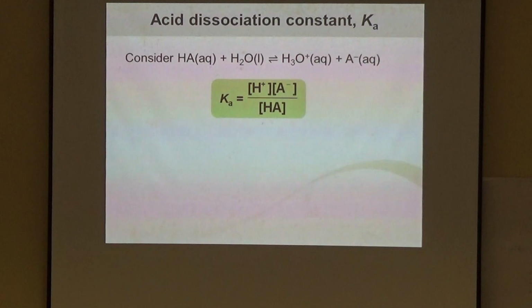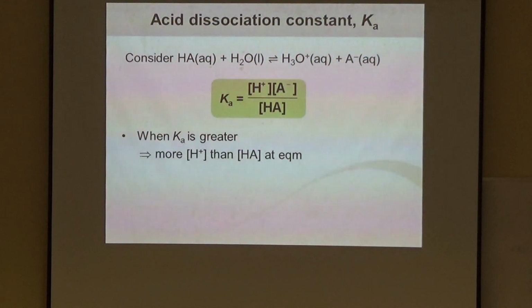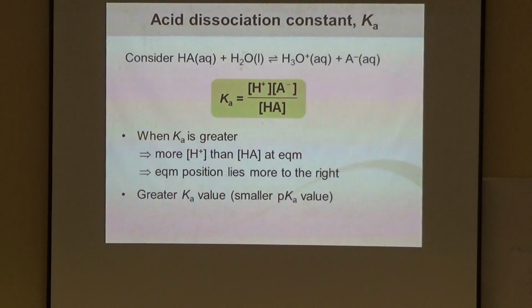The proportion of the H plus and A minus relative to the HA is larger, right? That means more of it is ionized. So position of equilibrium lies more to the right. Greater Ka value, therefore it's a stronger acid. Because you take negative log, a greater Ka value means a smaller pKa. That's a mathematical thing.